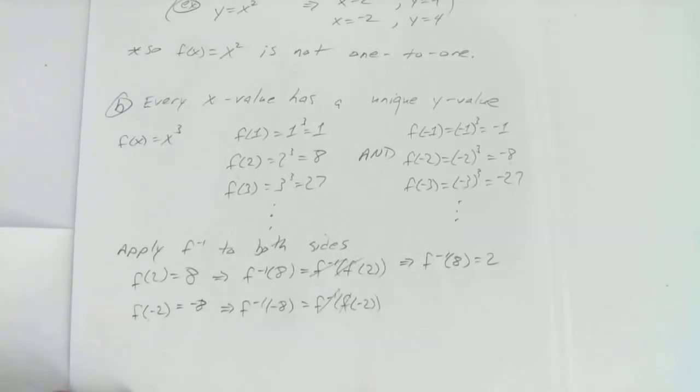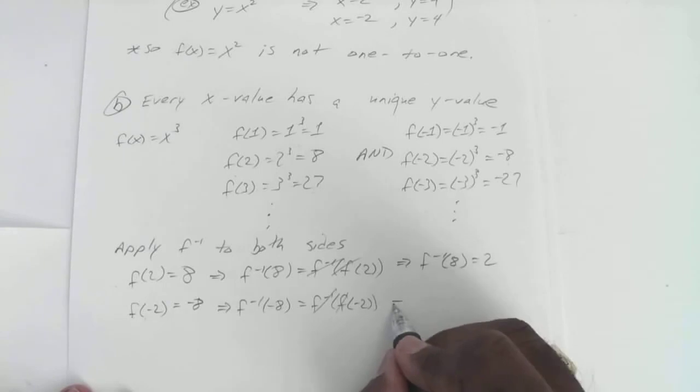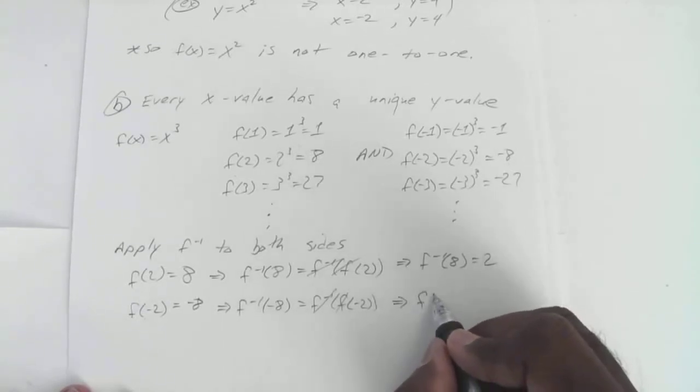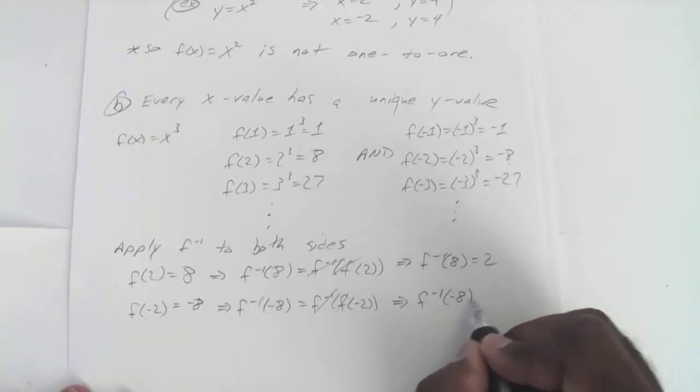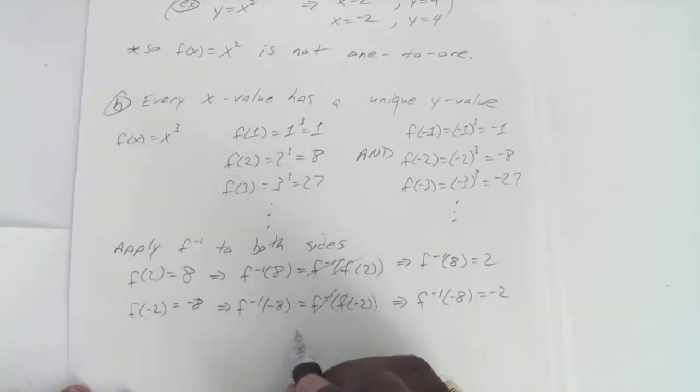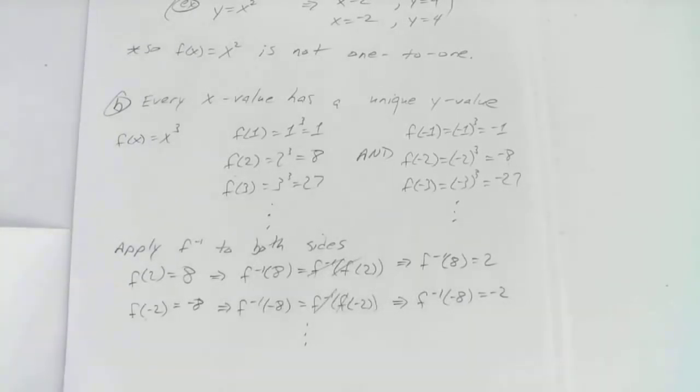Okay, so those two actually cancel each other out. So f inverse of negative 8 equals negative 2, and it just keeps on going like that because none of them will match up.